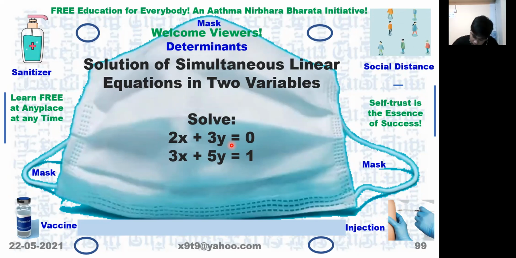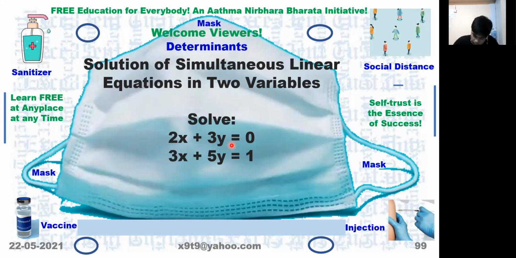Delta is equal to 2 into 5 minus 3 into 3, 10 minus 9. Delta is equal to 1.